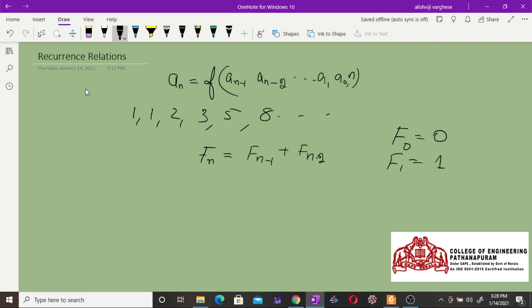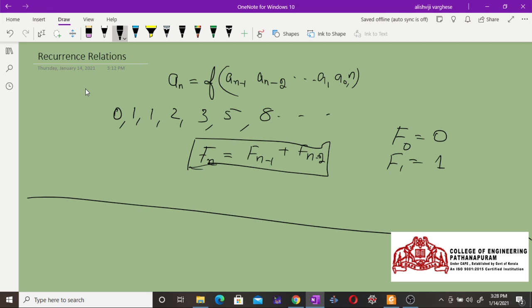Then f2 is equal to f0 plus f1, which is 1. So we can start from 0 itself: 0, 1, 1, 2, 3, 5, 8, etc. This is the recurrence relation which corresponds to the famous Fibonacci series.